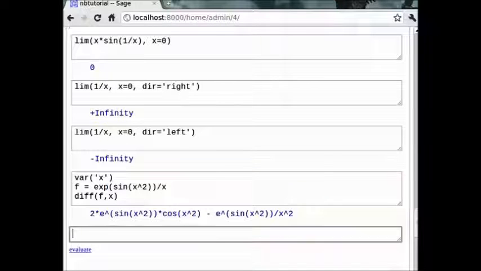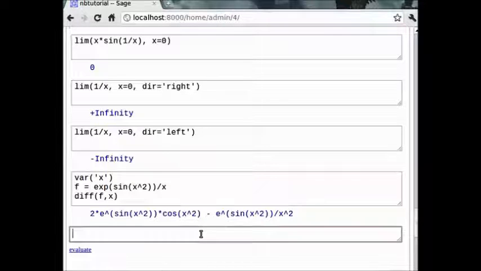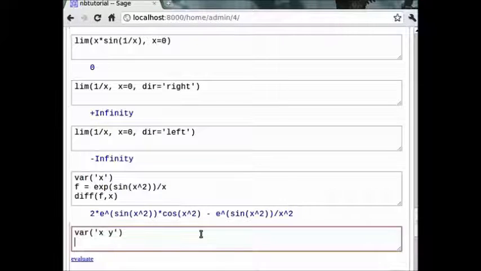Then we can also obtain the partial differentiation of an expression wrt one of the variables. Let us differentiate the expression exp(sin(y - x^2)/x) with respect to x and y.